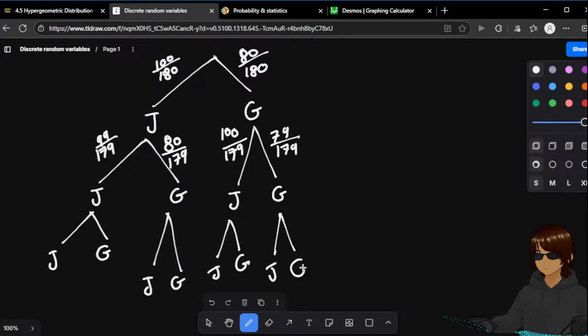So I picked three candies, right? 80, 79, 78. 80, 79, 79 still remains. 100 over 178 chance. I pick a jelly bean, so 99 jelly beans.